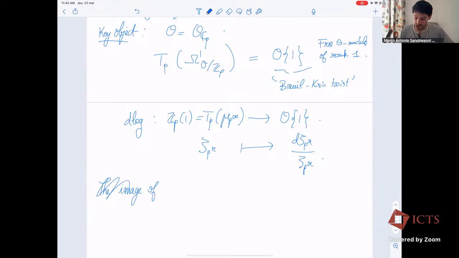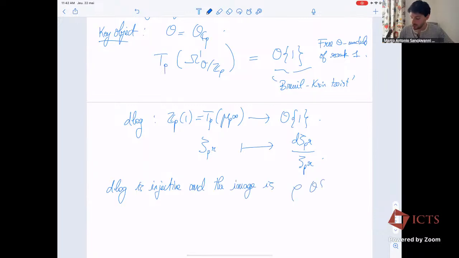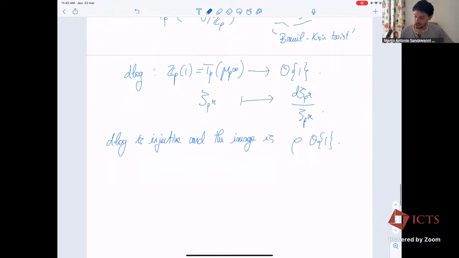So the log is injective. And the image is rho times O(1), the Breuil-Kisin twist, where rho is just a uniformizer of Z_p adjoin primitive roots of unity, which is 1 minus zeta p. Usually people denote it by rho.